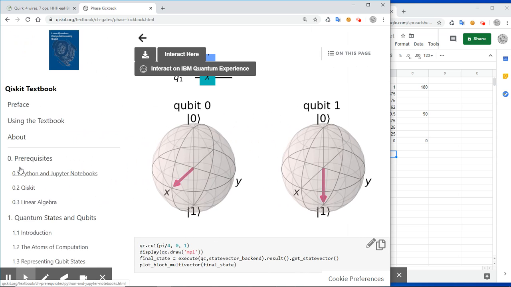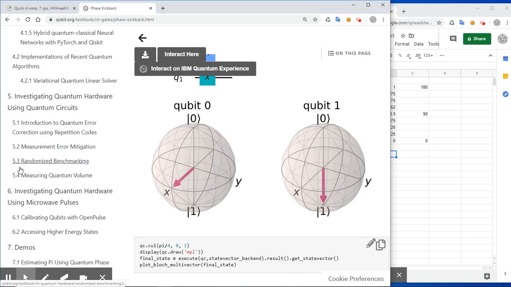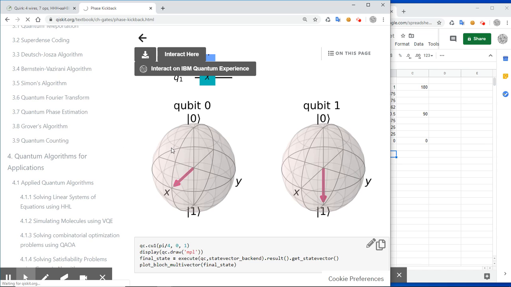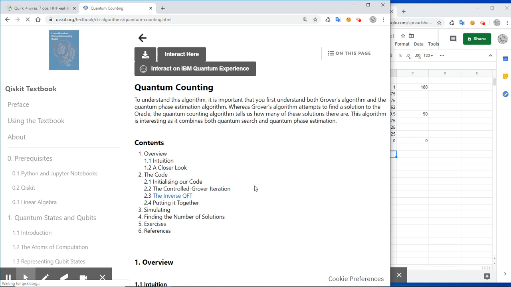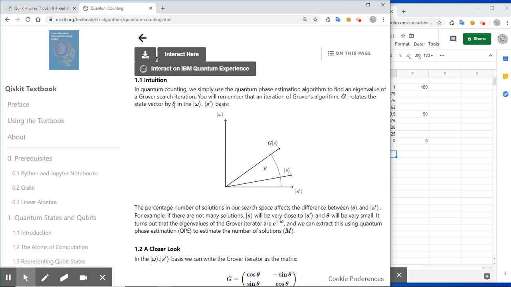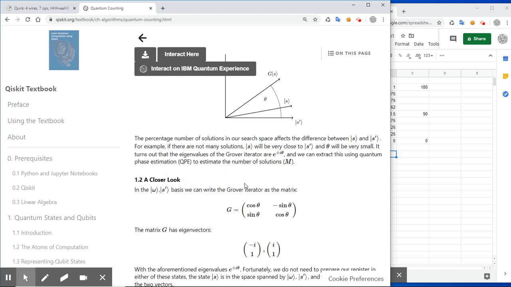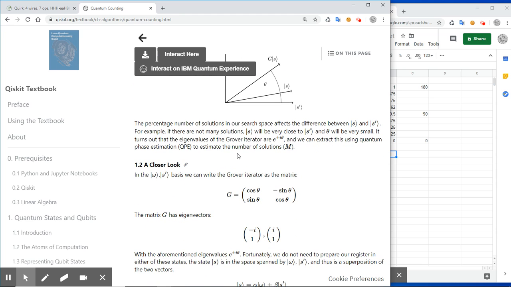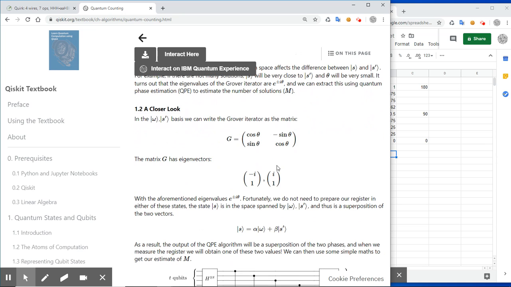Is like if you go here, quantum counting, and the Grover operator rotates the state vector by theta. The eigenvalues of the Grover iterator are these. Okay. And we can extract these using quantum phase estimation.